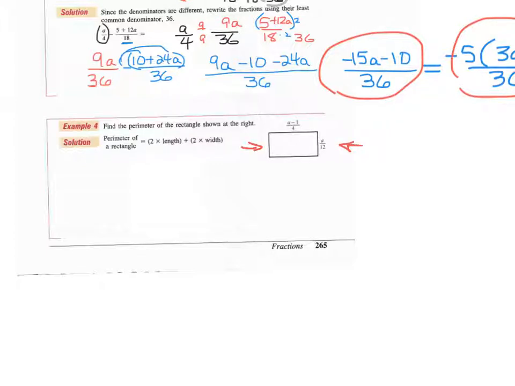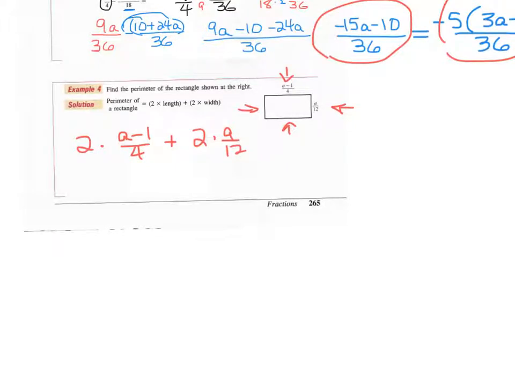So they're going to times both the length and the width by 2 in order to figure out this problem. So what we're going to do here is 2 times the length, and the length is going to be a minus 1 over 4, plus 2 times the width, which is just the a over 12. So I'm going to go ahead and simplify this.